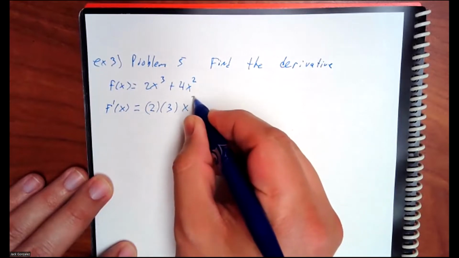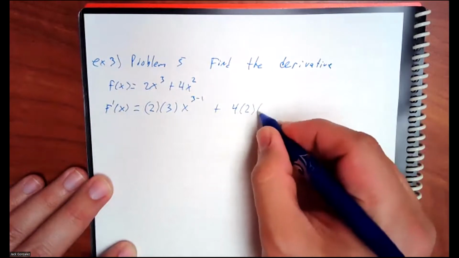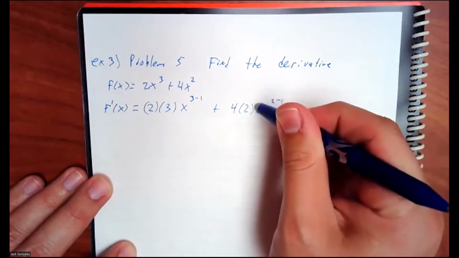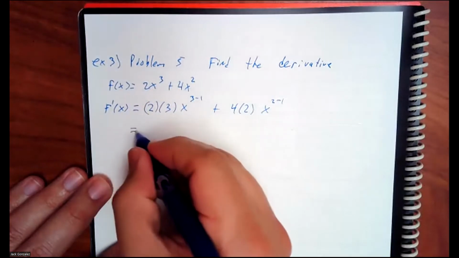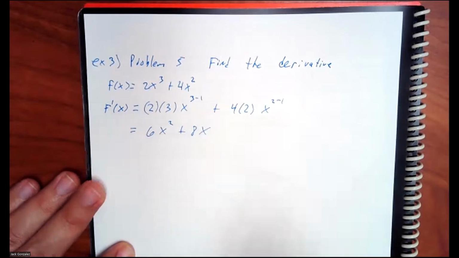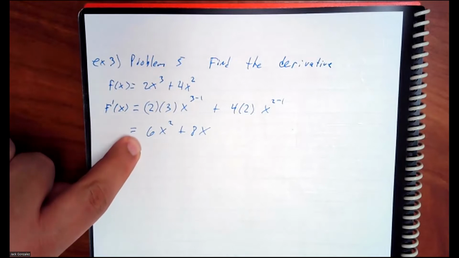And then you subtract 1 from the 3. Next term, you bring down that 2. Subtract 1 from the 2. So we will get 6x squared plus 8x. You agree? Using the power rule. That's all they wanted. They didn't ask about slopes, but we have the derivative if we wanted to find them.